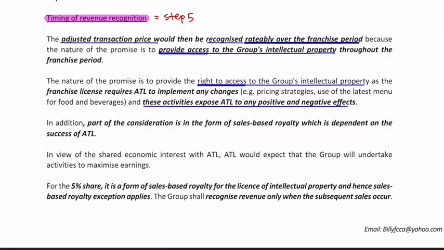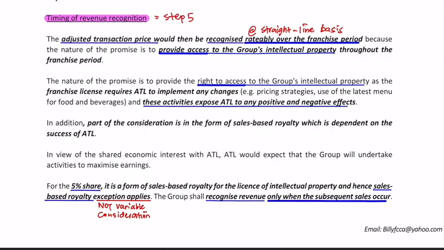Unless the question indicates otherwise, normally we recognize on a straight-line basis after considering the significant financing component. As for the 5% sales-based royalty fee, we do not consider this as variable consideration. Instead, we should recognize revenue from the 5% sales-based royalty only when the sales occur.